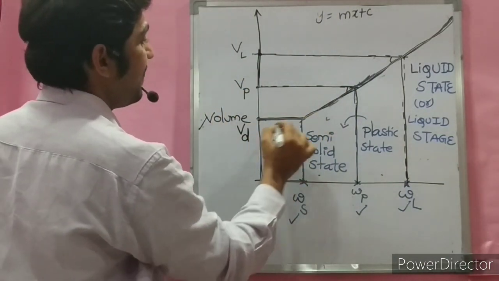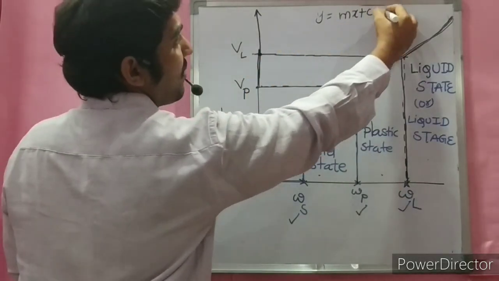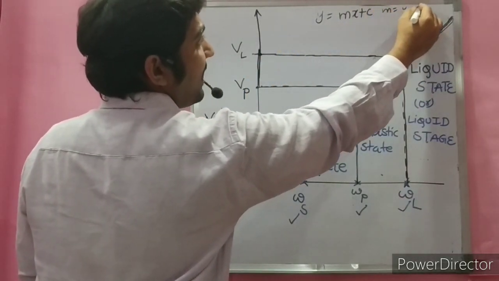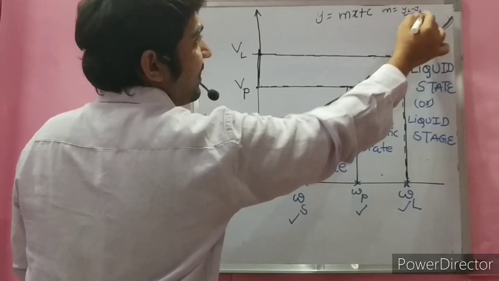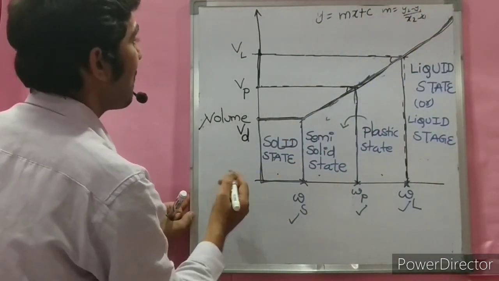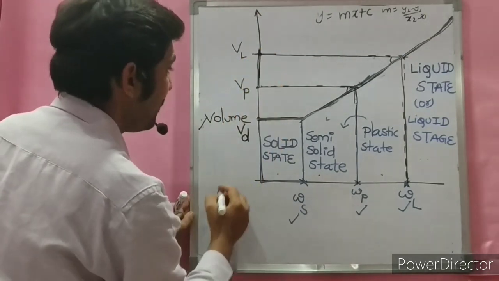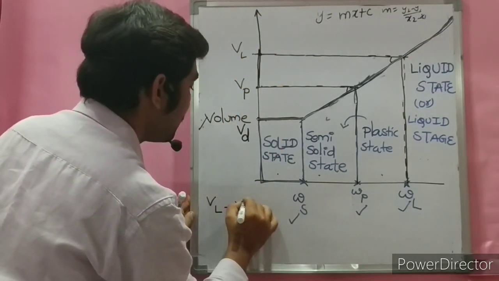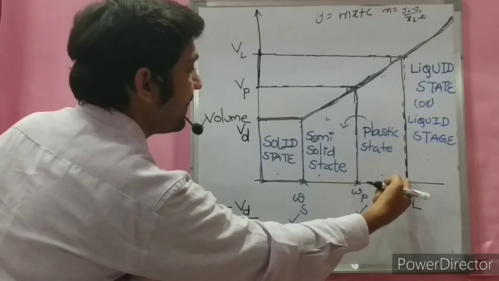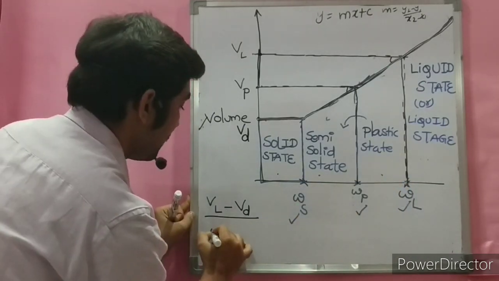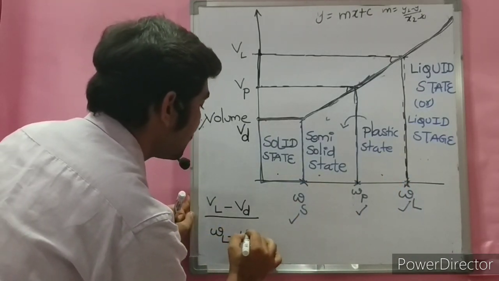So slope of the line m is equal to y2 minus y1 by x2 minus x1. In a similar manner, we can say VL minus VD, y2 minus y1 divided by x2 minus x1, WL minus WS.